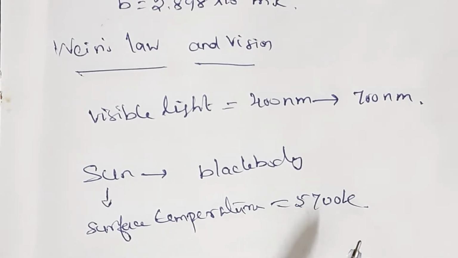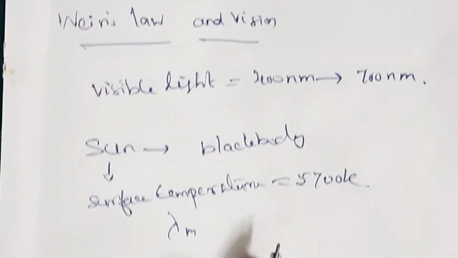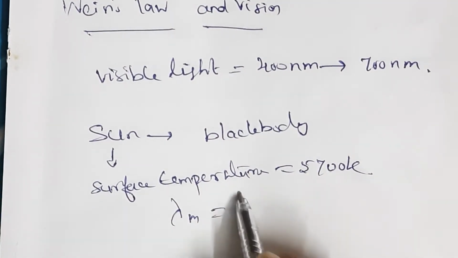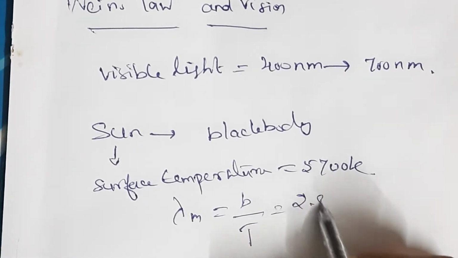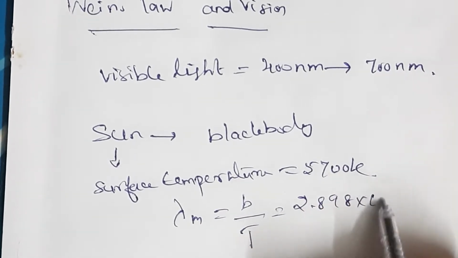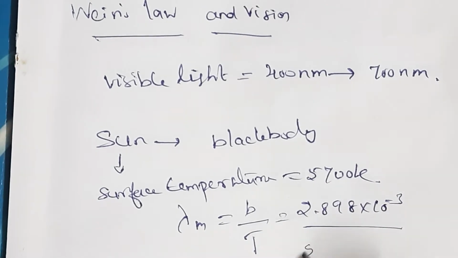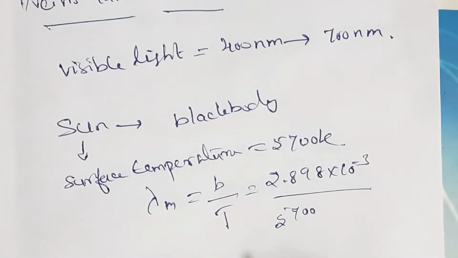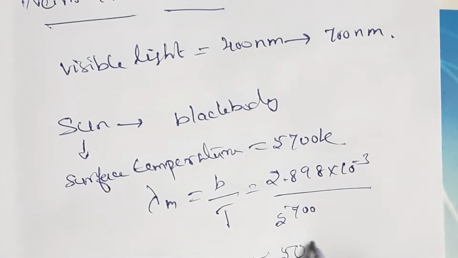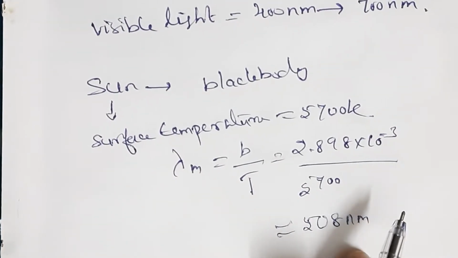When we substitute this value in Wien's displacement law, that is lambda m is equal to B by T, with B value 2.898 into 10 power minus 3 meter Kelvin, and temperature 5700 Kelvin, we get the answer approximately 508 nanometer.